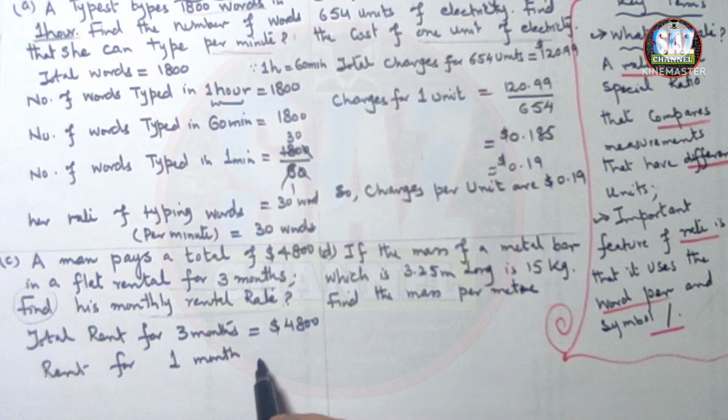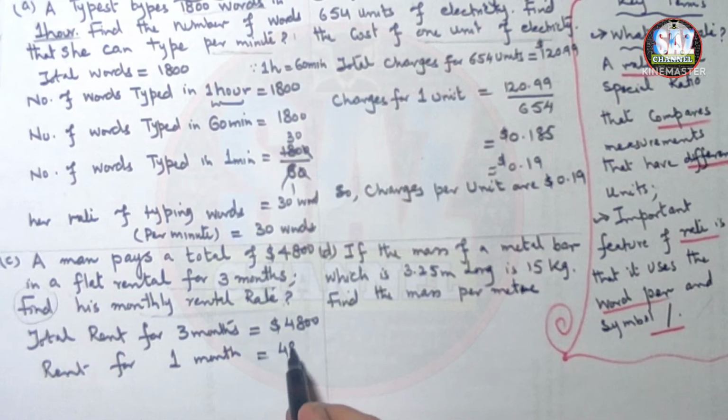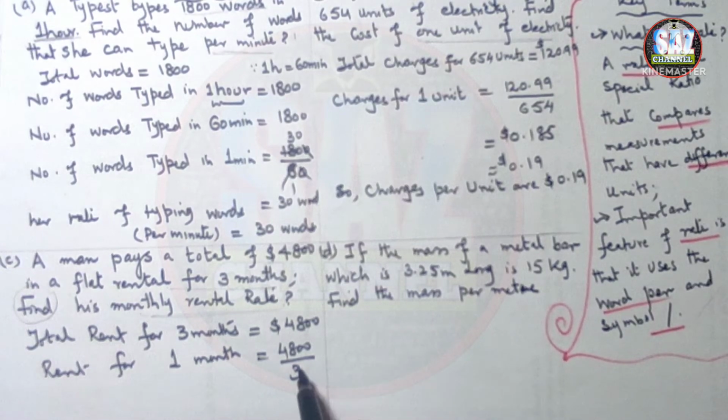This is an easy question, we will be doing it without calculator. 3 ones are 3, and 1 is given to 18, 3 sixes are 18, and zeros are. Okay, $1,600.